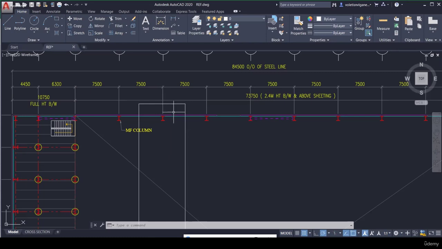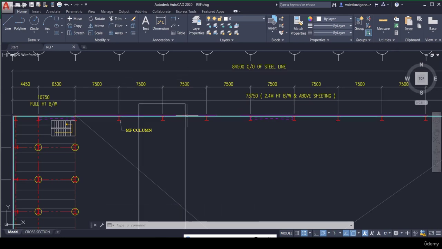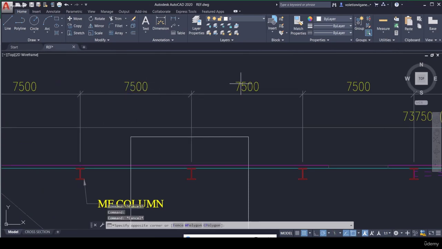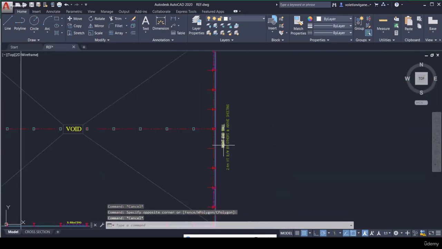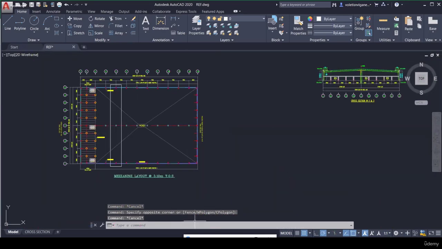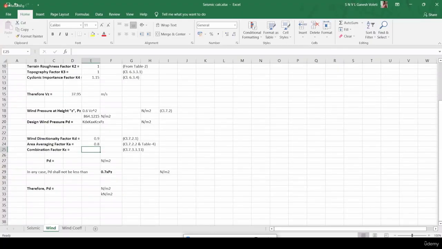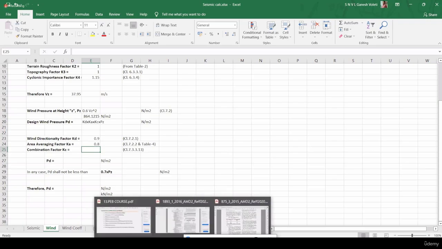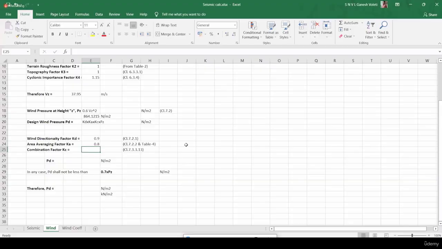How much length of the building takes load by a frame? In this case it is half and half, so it would be 7.5, but in our case these are 5s. So the tributary length will be 5 and the width will be 20 meters. So 5 into 20 gives you 100. For greater than or equal to 100 meters square, we have area averaging factor Ka as 0.8. That I have mentioned.